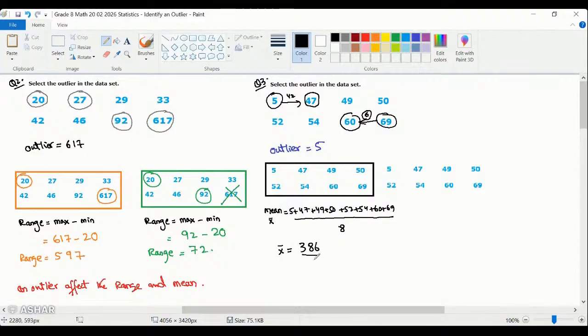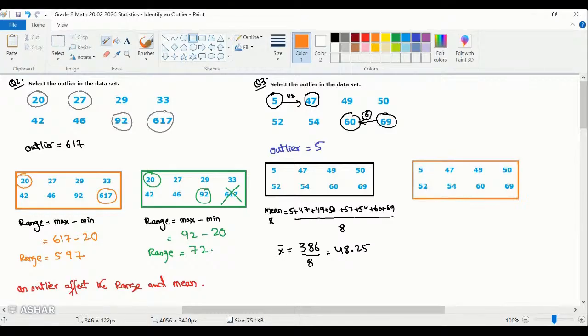386 divided by 8. And the mean comes out to be 48.25. Let's have a look at the impact of removing an outlier. If we remove the outlier for this given information, let's say if we remove the 5, what should be the mean?